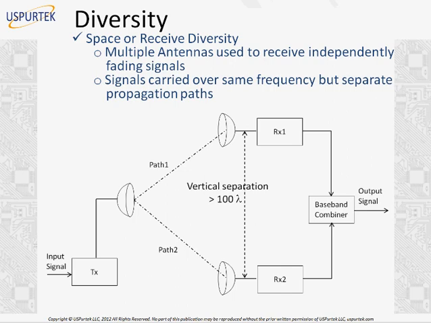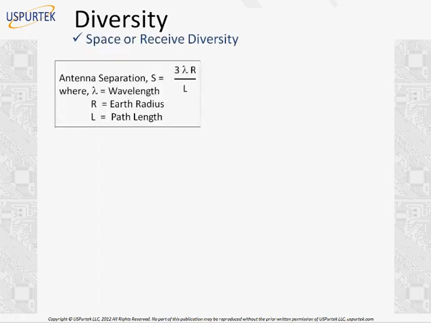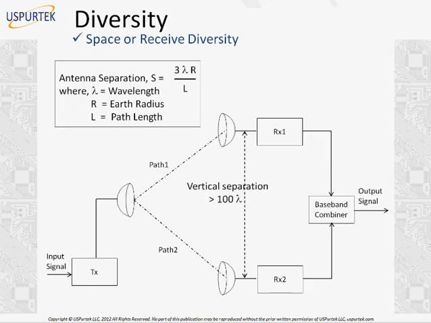So we could have multiple antennas on the receive side to exploit the independent fading of these signals. They are independently fading because they are following different paths. From the single transmitter, there's path 1 and path 2. If we keep a separation between the two receive antennas of more than about 100 wavelengths, it's possible to achieve spatial separation.